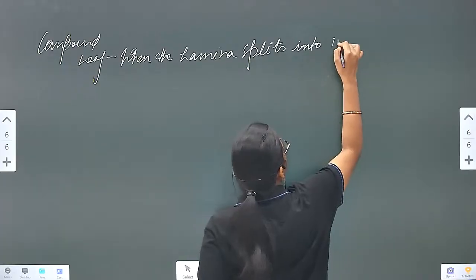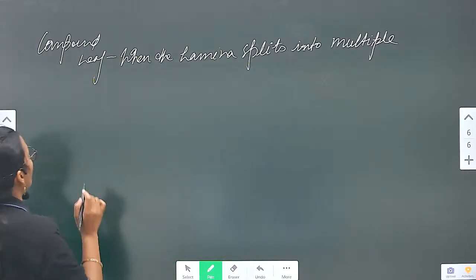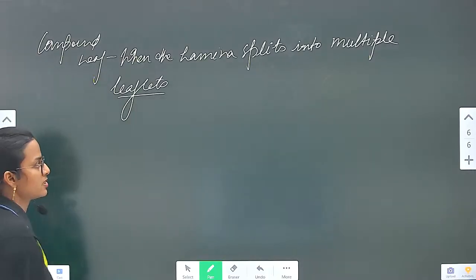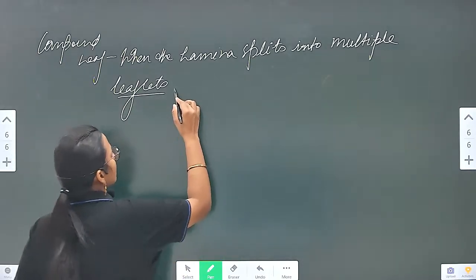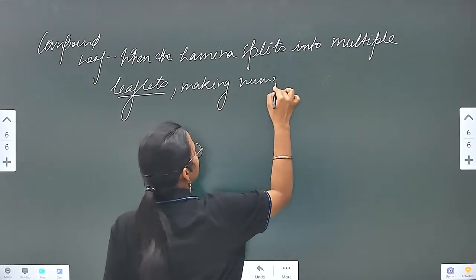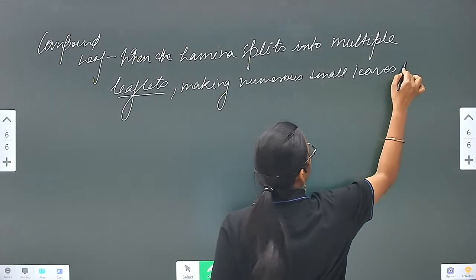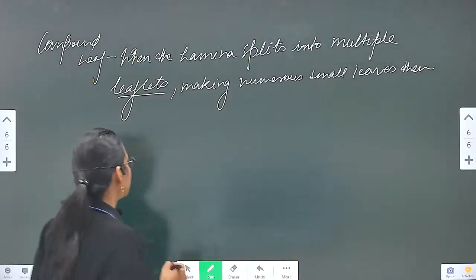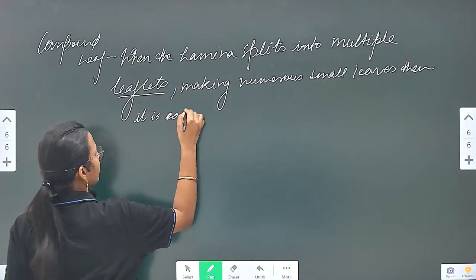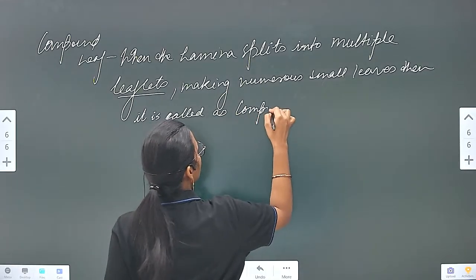When the lamina splits into multiple leaflets, making numerous small leaves, then it is called a compound leaf.